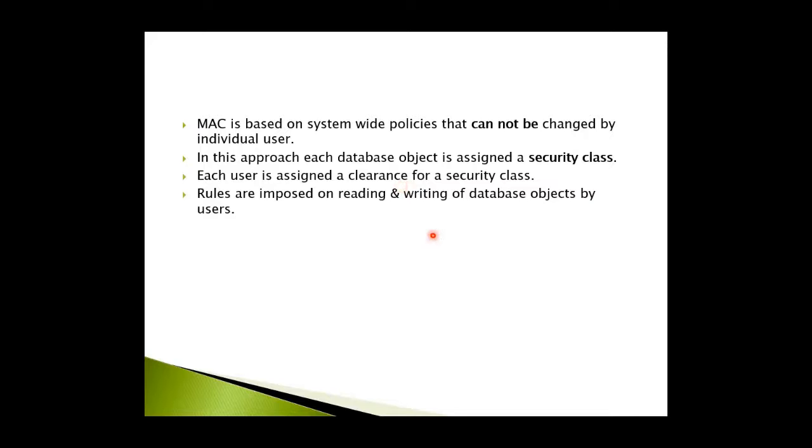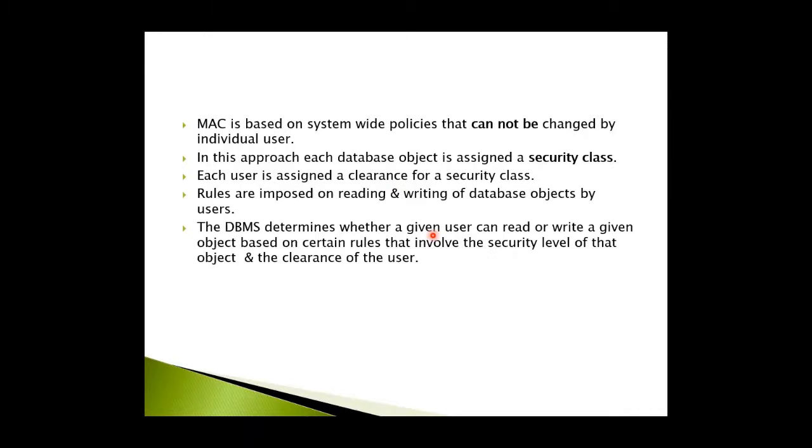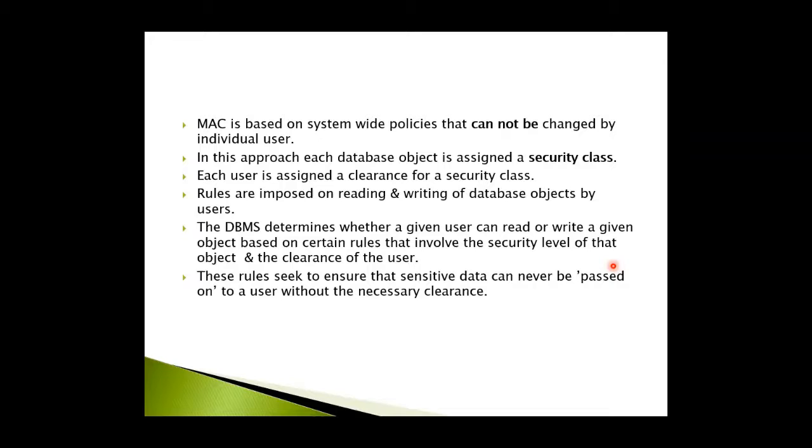Rules are imposed on reading and writing of database objects by users. The DBMS determines whether a given user can read or write a given object based on certain rules. Those involve the security level of that object and the clearance of the user. So there are two major factors we take into consideration while understanding mandatory access control: the security level, and second, clearance.